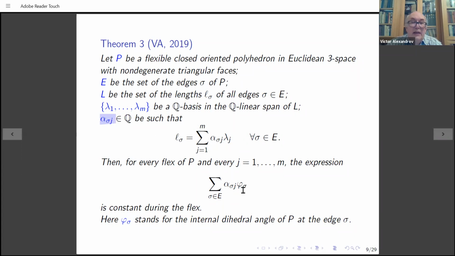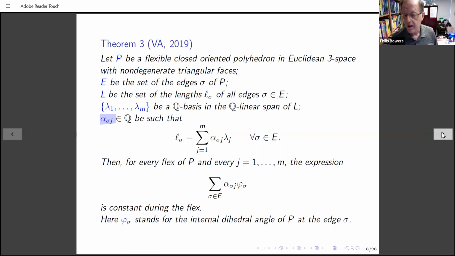And phi sigma stands for the internal dihedral angle of P at the edge sigma. So it's very strange that some combinations of dihedral angles must be constant during the flex.